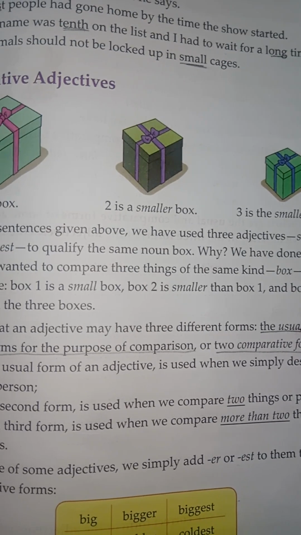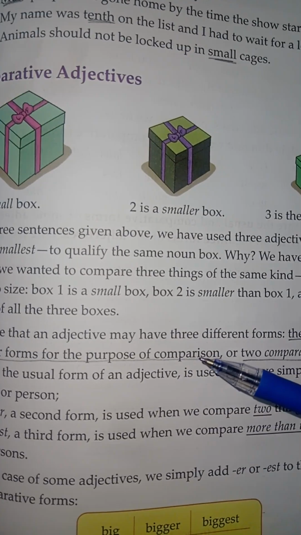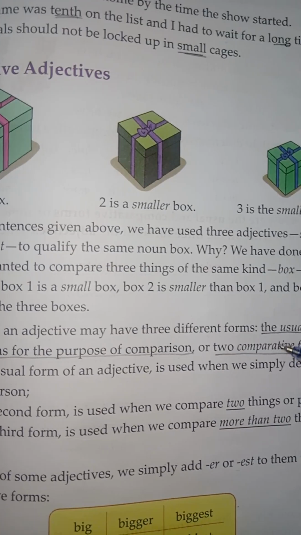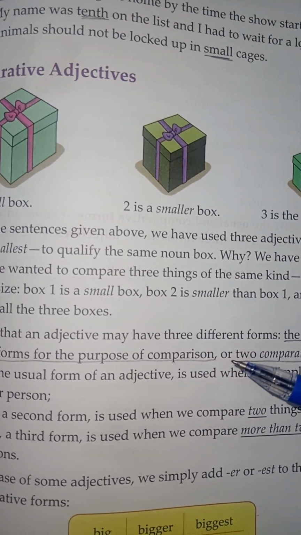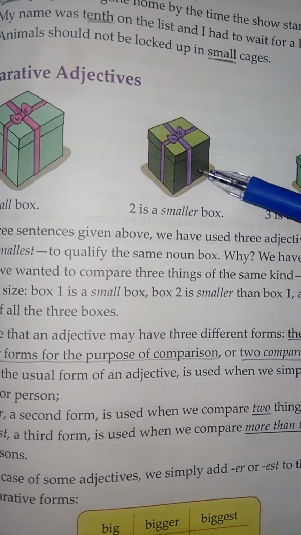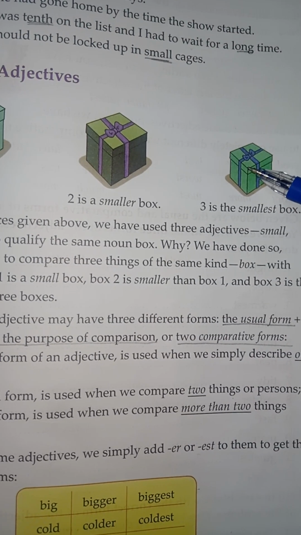But if we want to compare the object with any other object, we use the comparative forms, two different comparative forms of adjectives. If we want to compare two objects or two persons, we use the second form of adjective, and if we want to compare more than two things, then we use the third form of adjective.